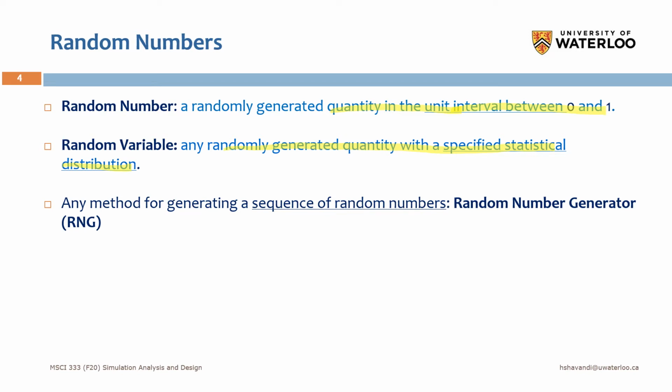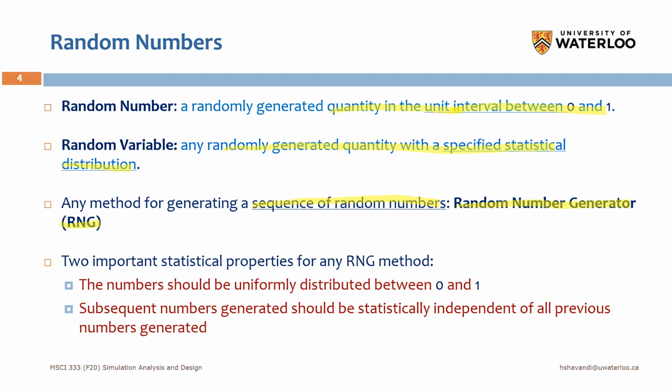For generating random numbers, we have a lot of methods. Any method that generates a sequence of random numbers is called a random number generator, or RNG. In order to call a method an RNG, that method should have two important properties. The first one is that the numbers should be uniformly distributed between 0 and 1.